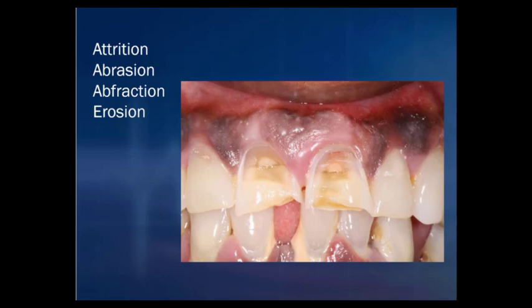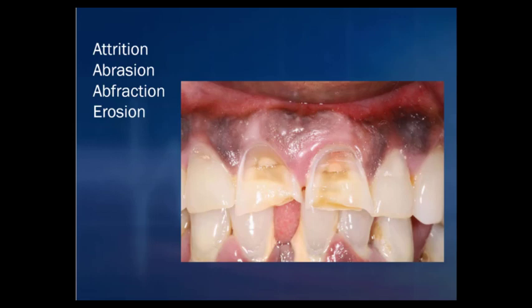Erosion is the smooth loss of enamel or dentin or cementum on the facial or lingual surfaces caused by chemical action. This does not involve bacteria, so it can be from drug use or GERD, gastroesophageal reflux disease, excessive acidic drinks, or even bulimia.